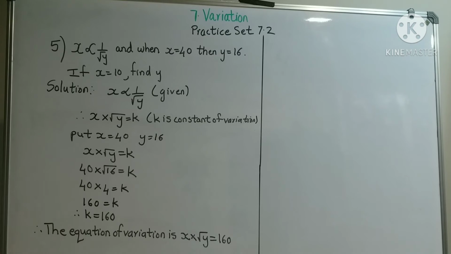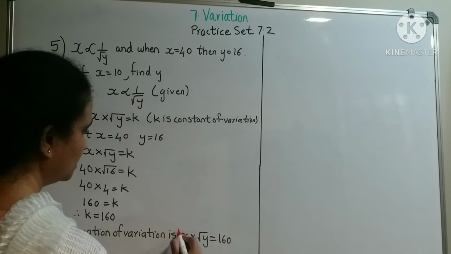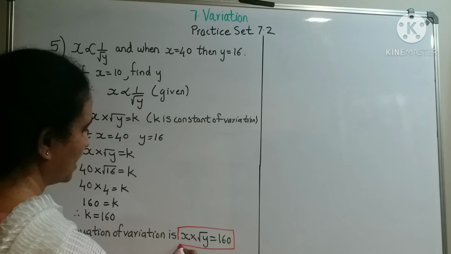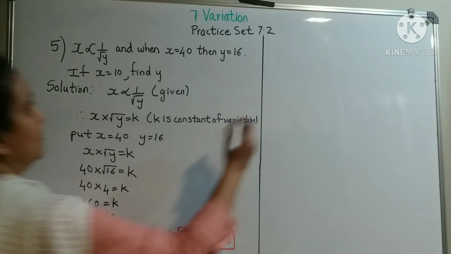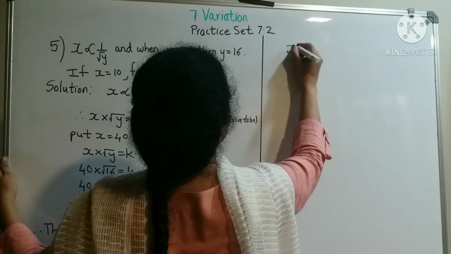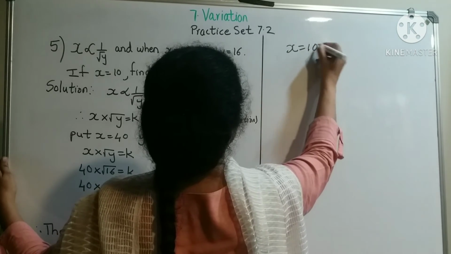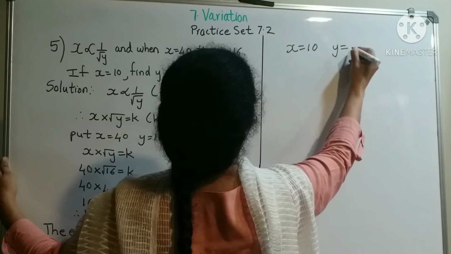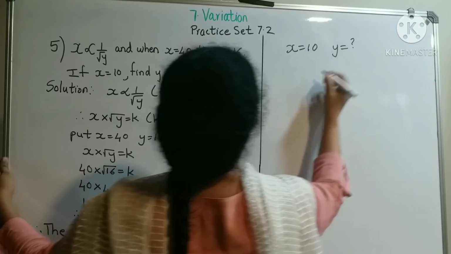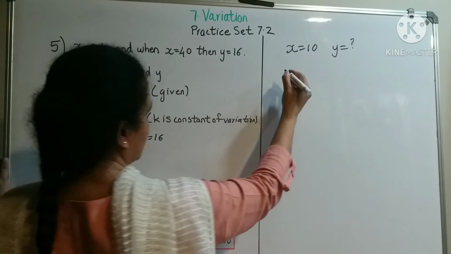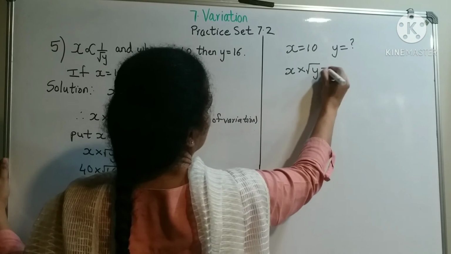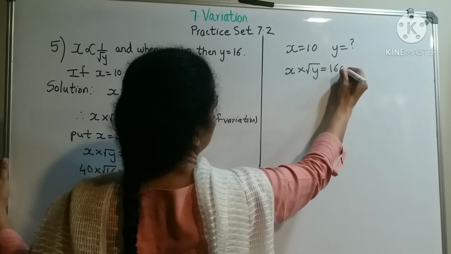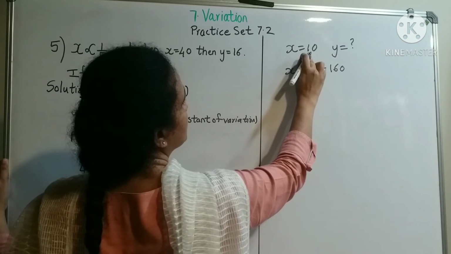We are going to use this equation and find out the value of y. x is given to us as 10. We are going to find out y. Write down the equation of the variation: x into square root of y is equal to 160. x is given to us as 10.